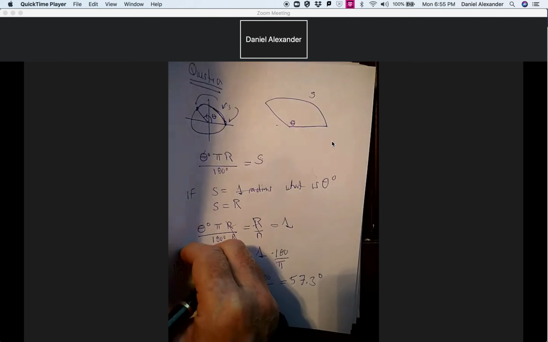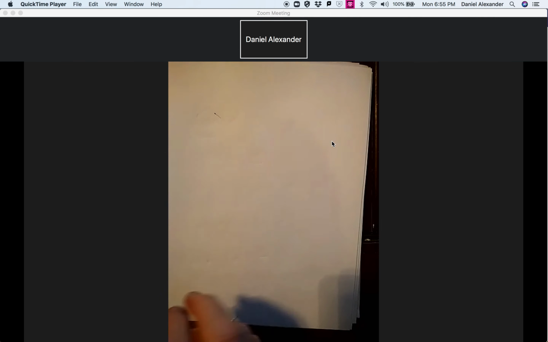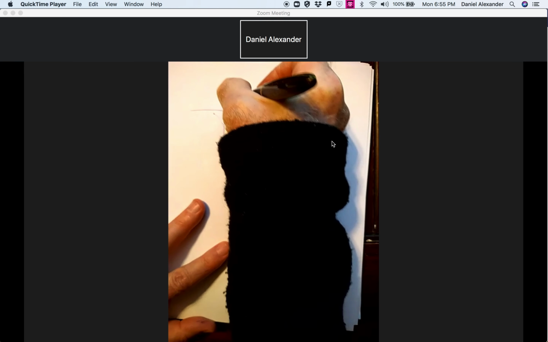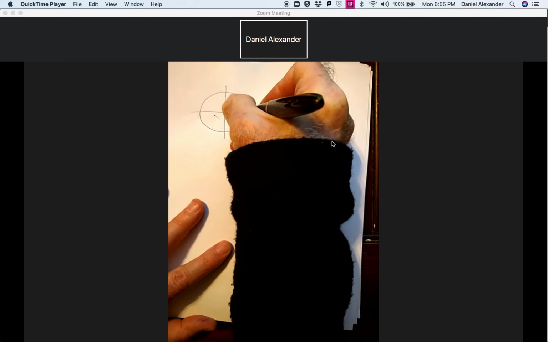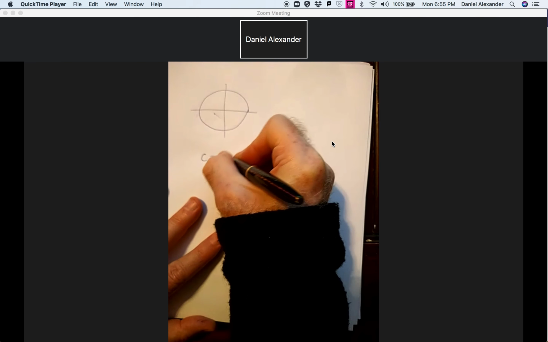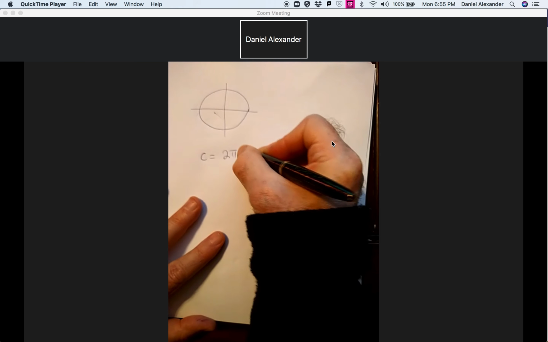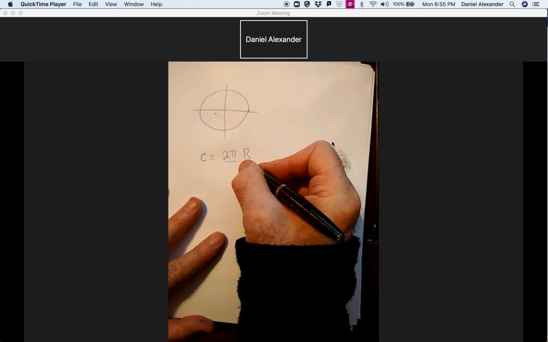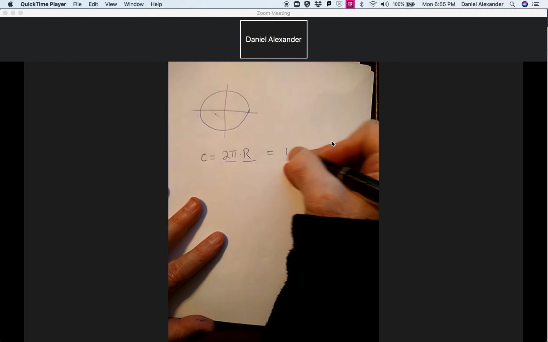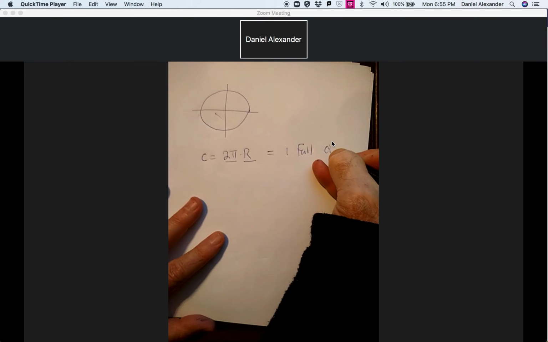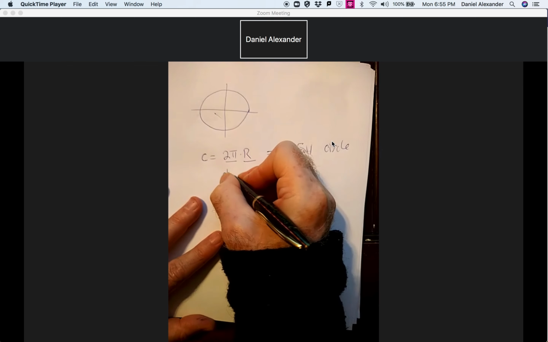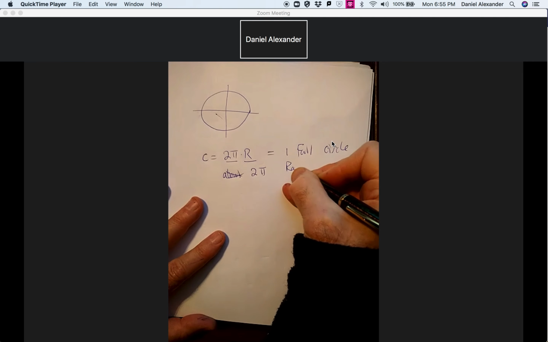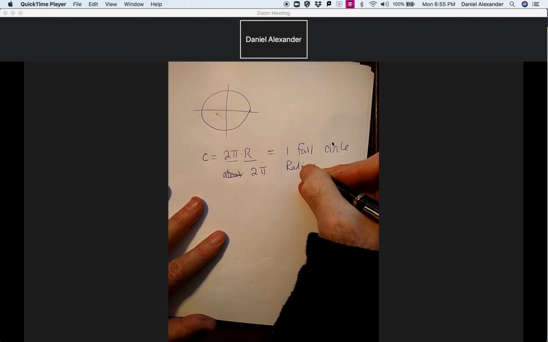You might ask why I'm doing this. So here's the picture. Remember, the circumference is 2 pi times the length of the radius. That means each circle has exactly 2 pi radii, that's the plural, in a circle.